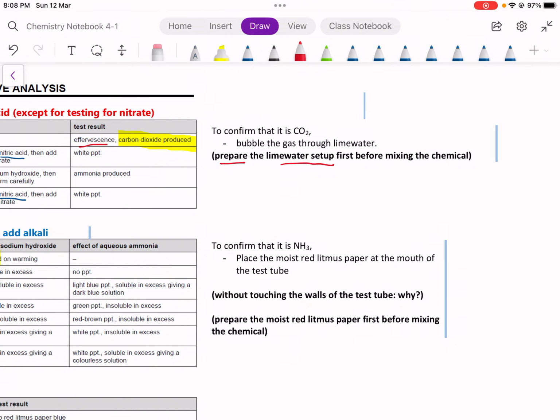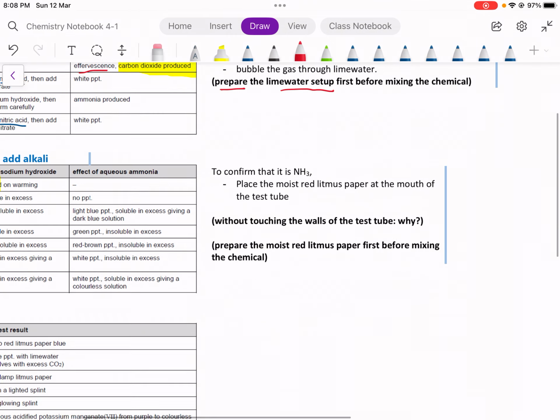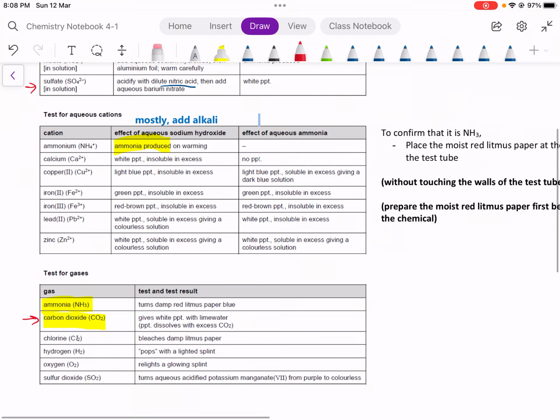Whenever you see a white precipitate form for the carbon dioxide gas, just a little bit will do. If you see a little bit form, that's enough already, because at the end of the day, you're not going to show the examiner that this is a white precipitate. It's only for your own observation. Once you know there's a white precipitate inside, that means this gas must be carbon dioxide gas if I see this result after using this test.